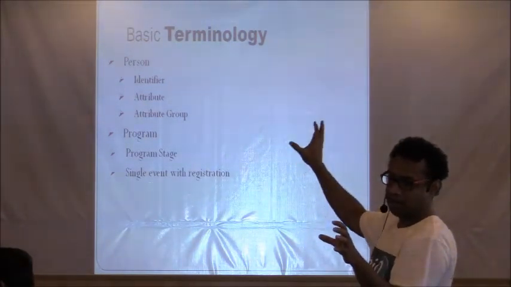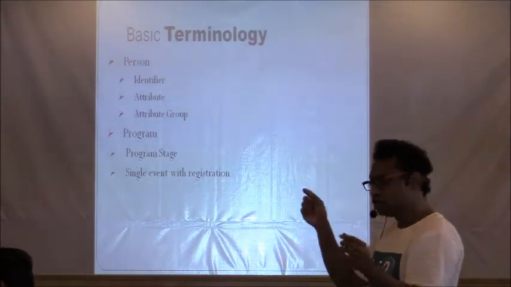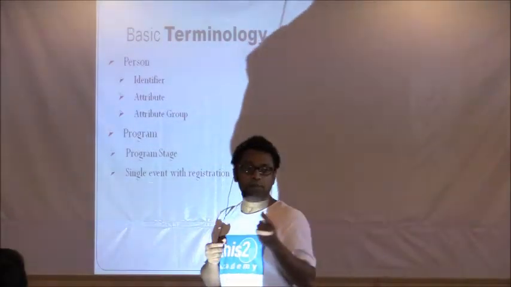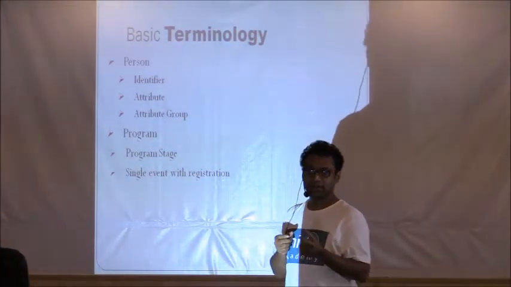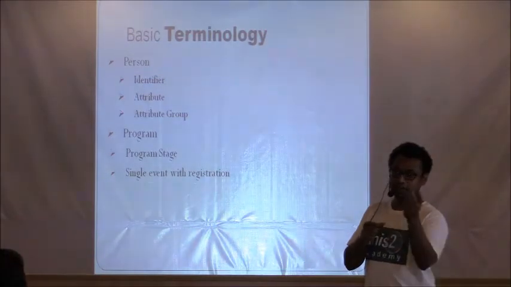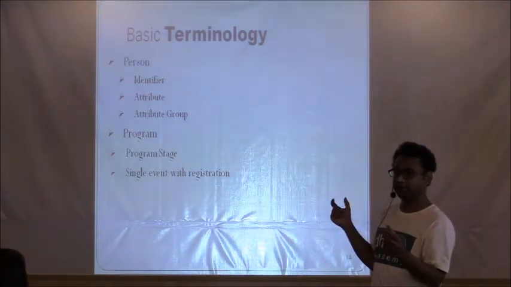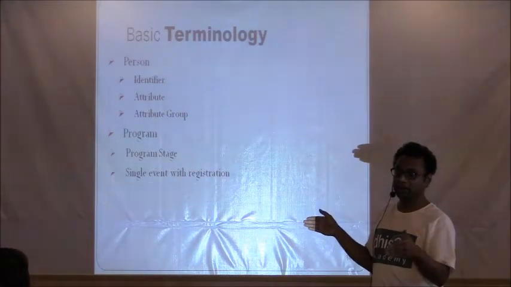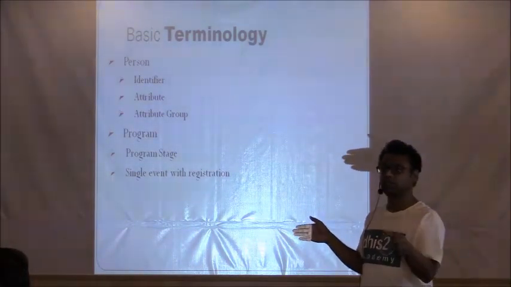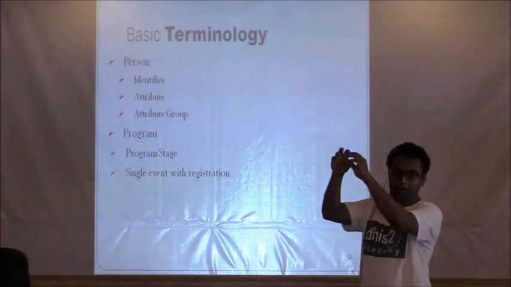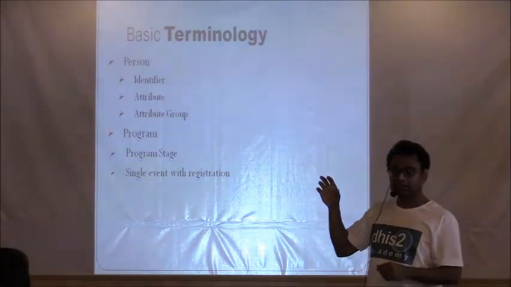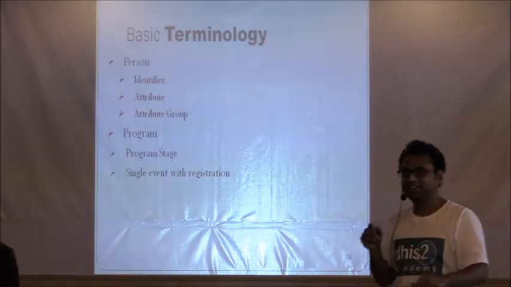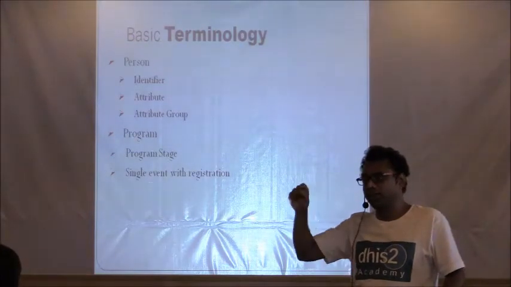That can be an attribute. There is also sometimes a gray area, for example weight. Weight of a person or weight of a child can be either in a person category or in a data element. It is always good to add weight as a data element, not as a person characteristic, because it keeps changing. For example, a person has a gender male. You can't really change it, or you can, but still, something which is fixed you can put there.